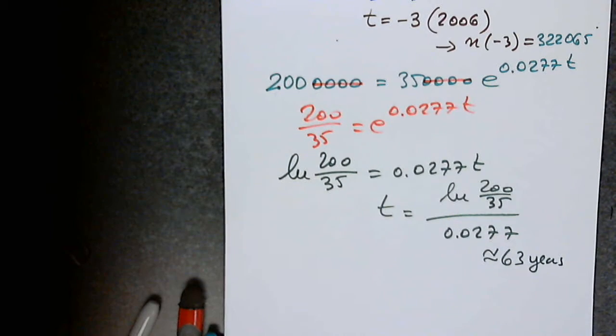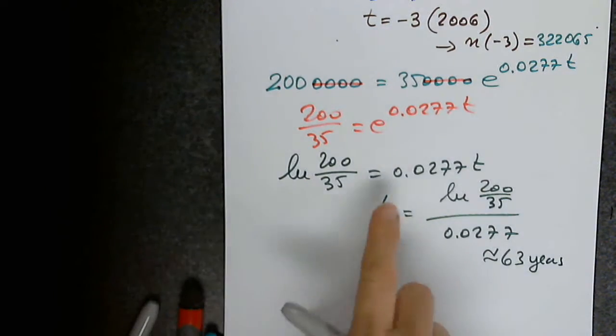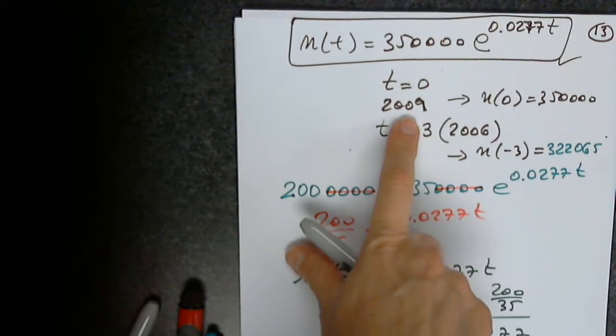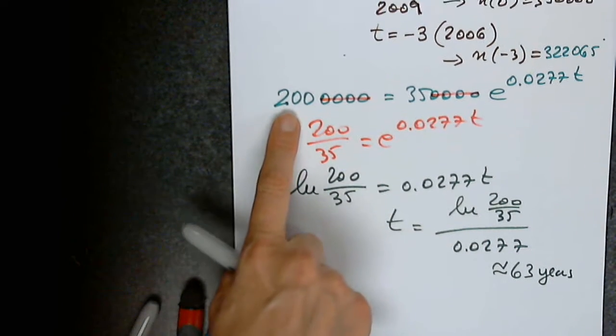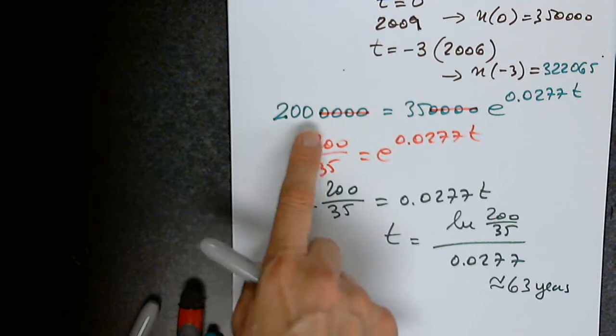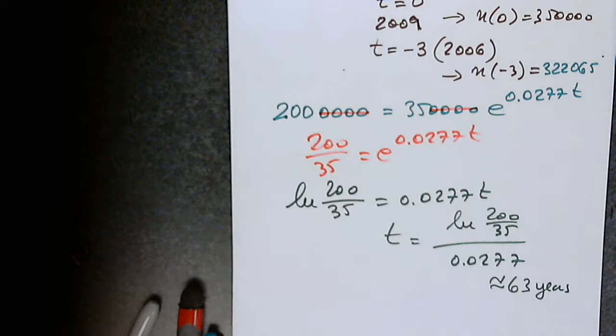So the bat population will increase from 350,000 in 2009 to 2 million 63 years later. Did I put enough zeros? Yes, I did. So what this means is, assuming they still have room in the habitat where they are, because otherwise if they are restricted, they may not get to that amount.